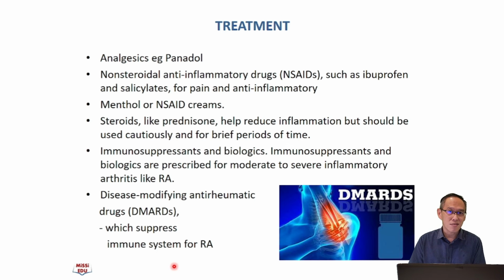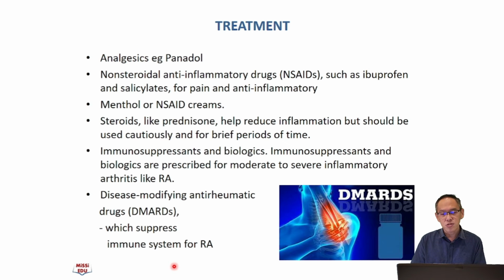For tablet or painkiller, for a mild one, you can use common analgesia, for example, paracetamol, we call it Panadol. And for a more severe form, we tend to use a stronger painkiller, we call it NSAID, non-steroidal anti-inflammatory drugs, such as Votrient, ibuprofen, or even salicylate or aspirin for pain and also anti-inflammatory effect.